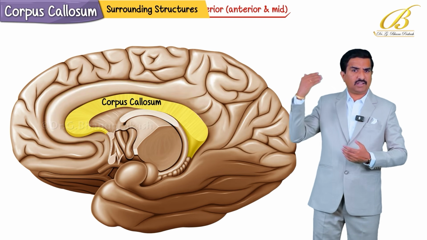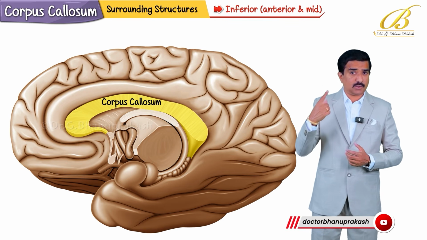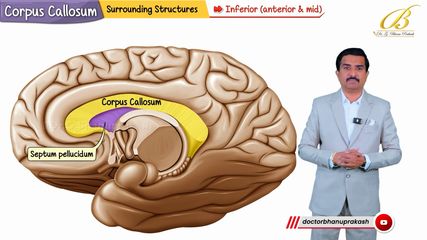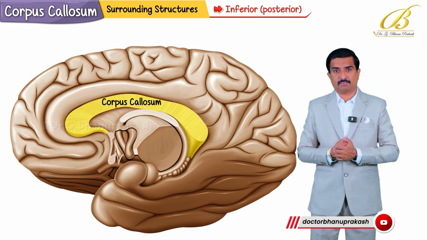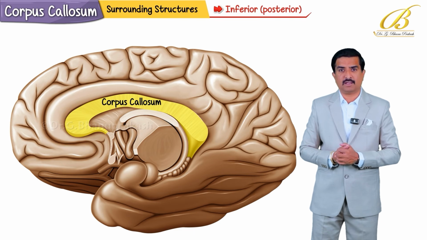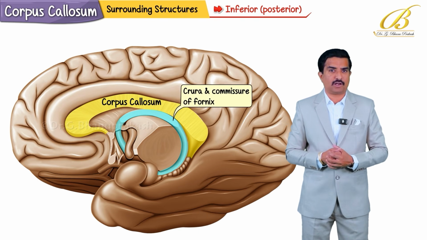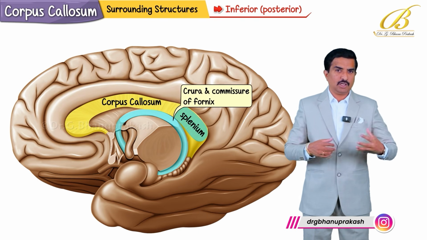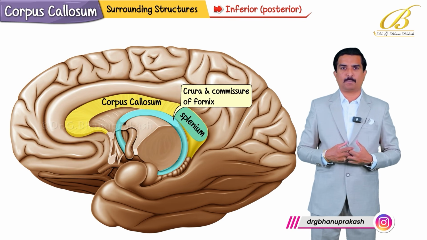Now next, what is the inferior? That is anterior and mid. What you can see is the septum pellucidum attaching to the fornix. Next is the inferior, that is posterior also we can say. What you can identify is the crura and commissures of the fornix attached to the splenium. So these are the most important surrounding structures of the corpus callosum.